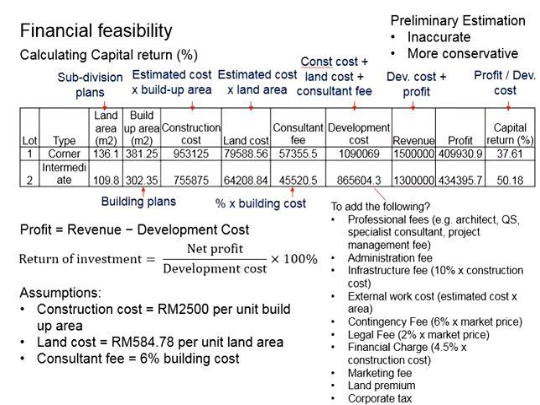After that, you can compute the capital return. The capital return is calculated by dividing the profit by the development cost. The profit is what you earn from the development, and the development cost is the cost that you need to pay for the development. You are quantifying the ratio between the profit and the development cost to know the percentage of the capital return for each individual unit.